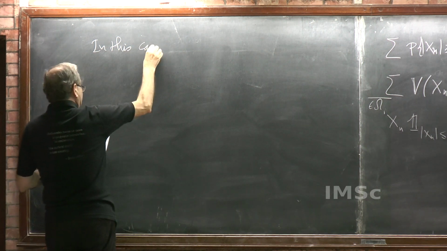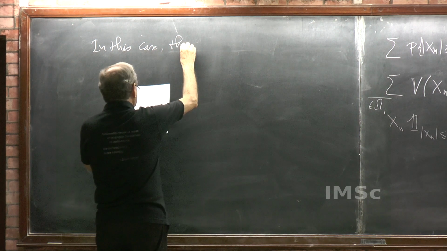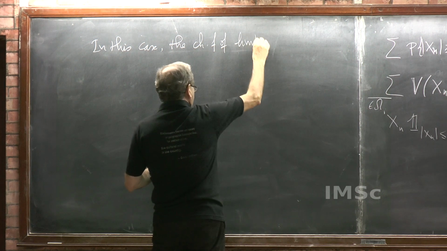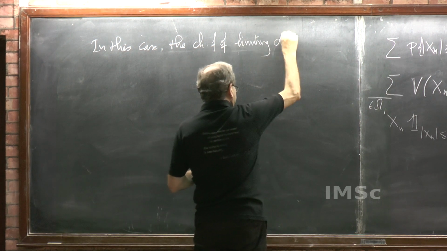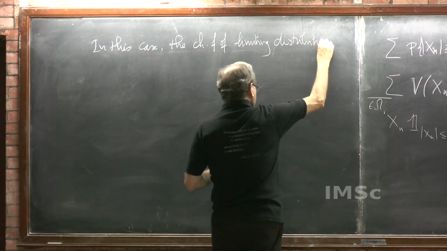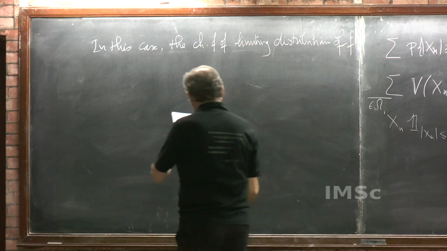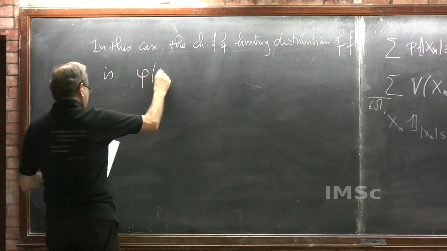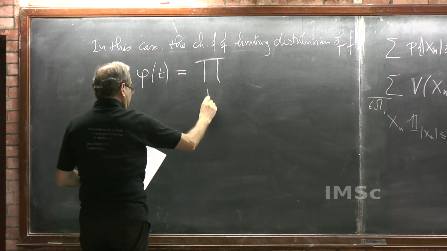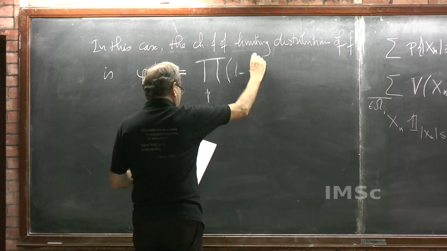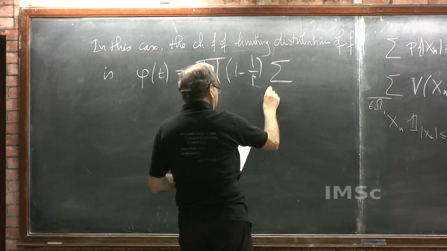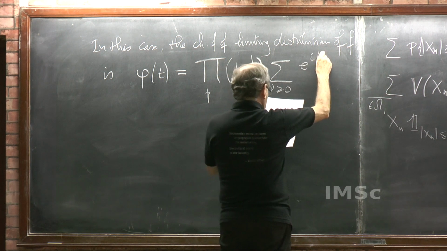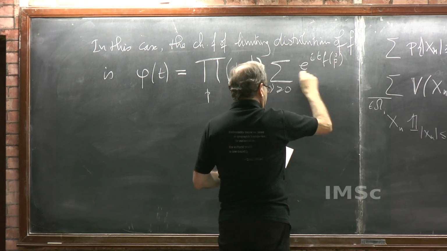In this case, the characteristic function of the limit law, of the limiting distribution of f, is phi of t, which is the product over the primes p of 1 minus 1 over p, our old friend, times the summation over nu positive of something which is exponential of i t f of p^nu divided by p^nu.